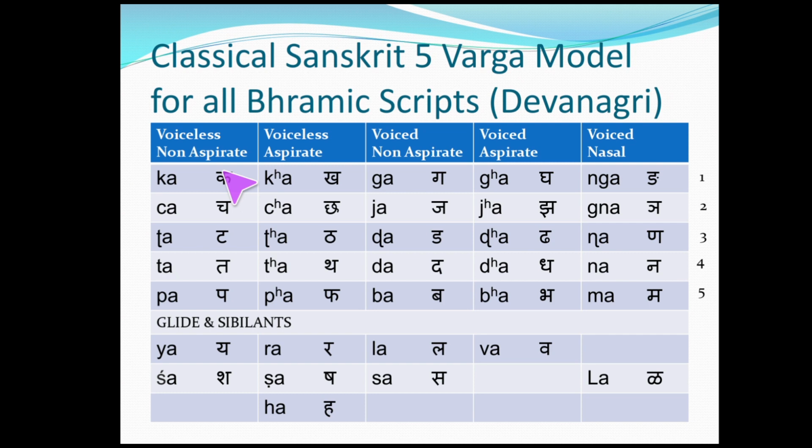The 5 vargas or 5 rows each represent a respective muscle group that we went through previously, whereas each column represents different manners of articulation. By reading down each column, feel and exercise the different muscle groups from the back of your throat to the front of your lips.